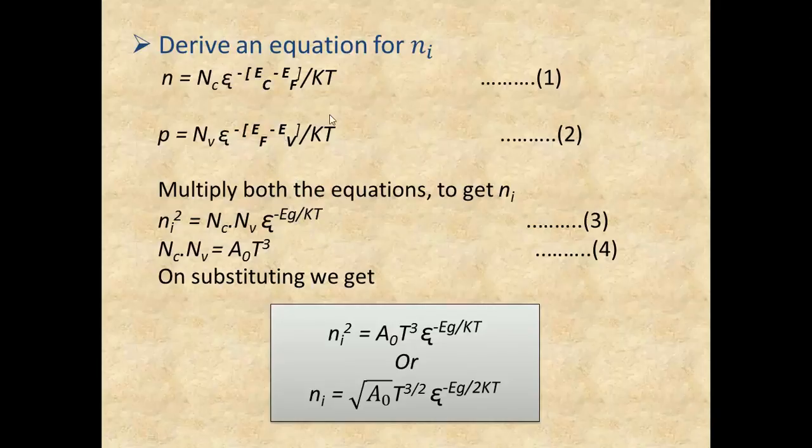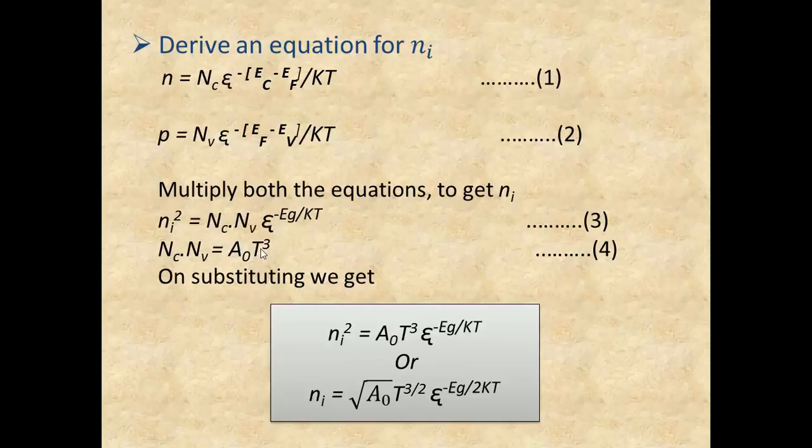If you do the mathematics, it's not possible for me to show every step. So if you do your steps one by one, automatically you'll come to this step. Okay. So now n base c and n base v is equal to A naught T to the power 3.